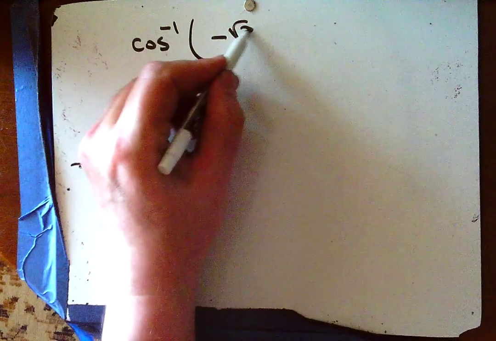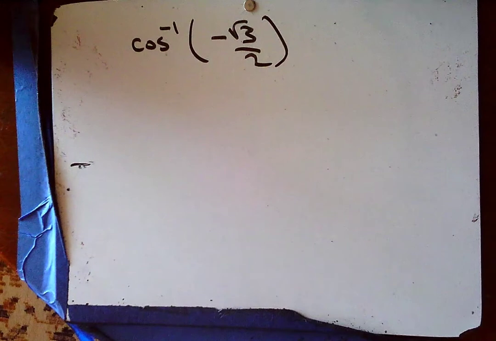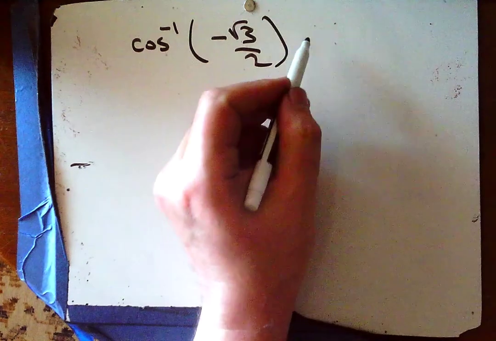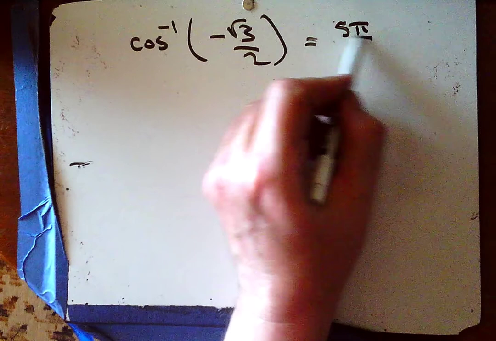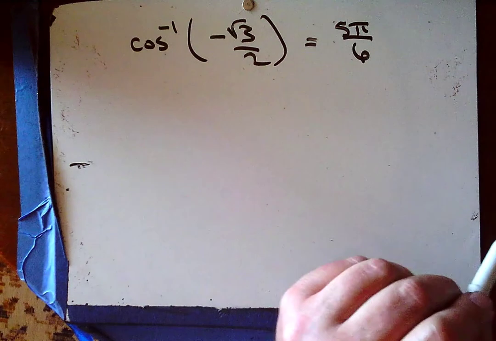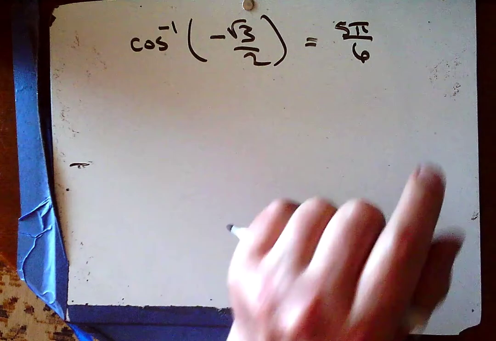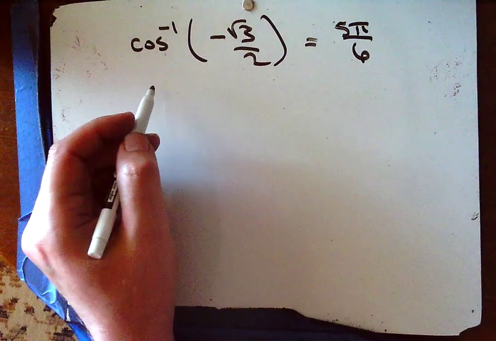what's next? Cosine inverse negative root 3 over 2. 5, 4, 3, 2, 1. Well, cosine is negative root 3 over 2 at 5 pi over 6 and 7 pi over 6, but 5 pi over 6 is the answer that's within the restriction.